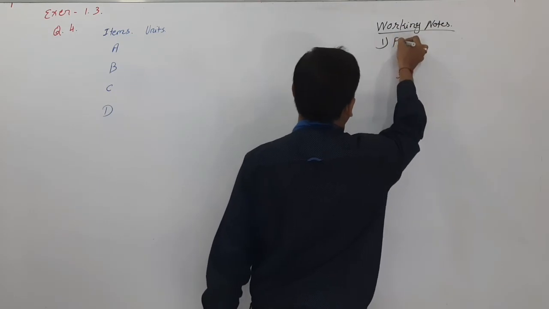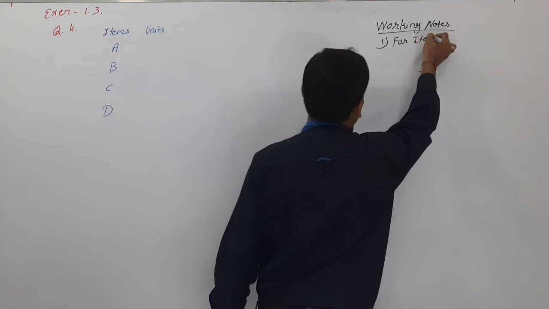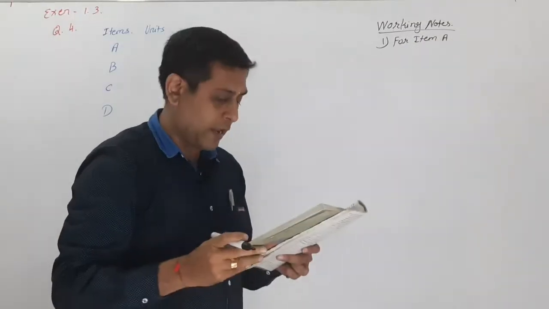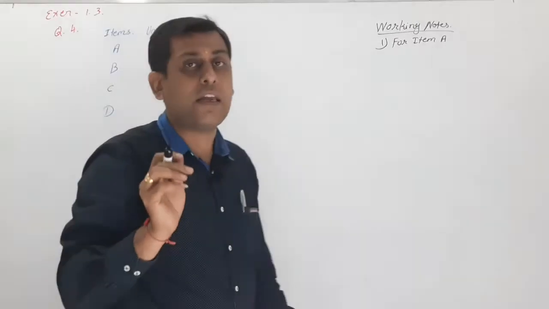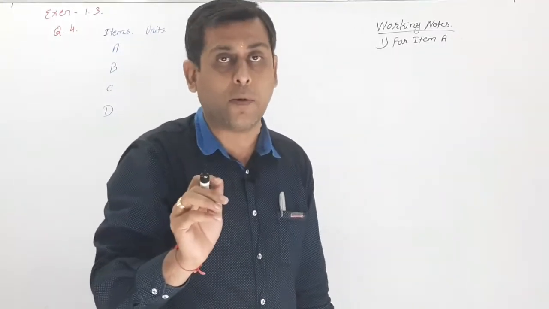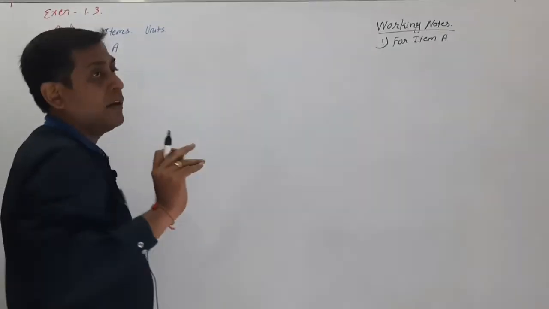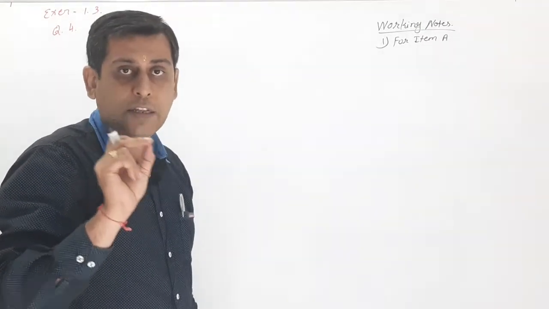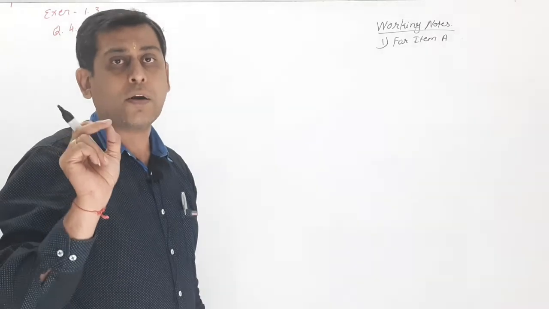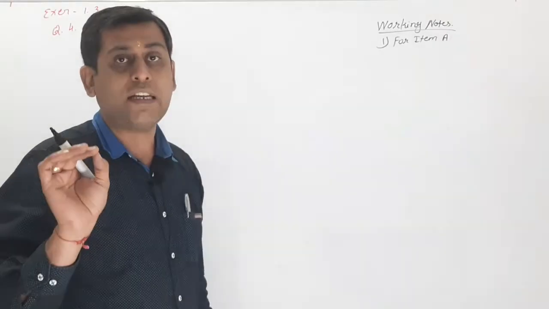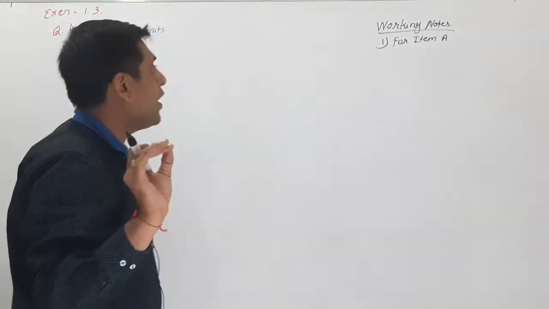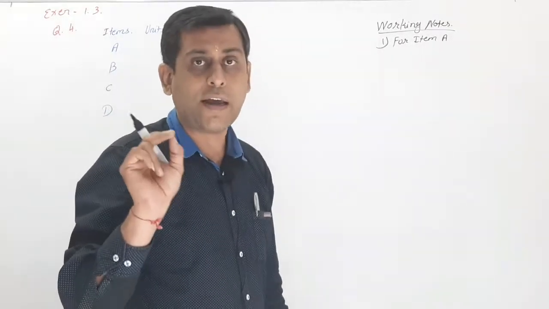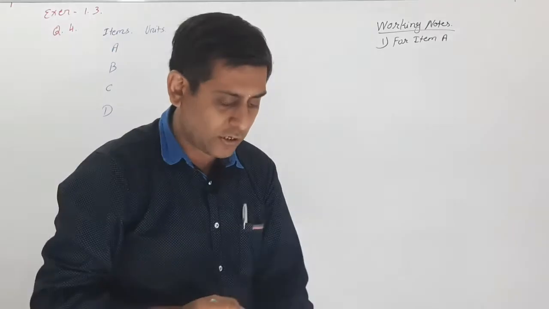First, for item A, see here 20 kg is given in the unit column, and in the quantity column kg is given. So here kg is equal, but the extra amount is 20. So we have to remove it by dividing the price of the current year as well as the price of the base year.